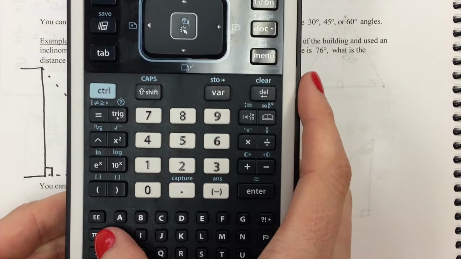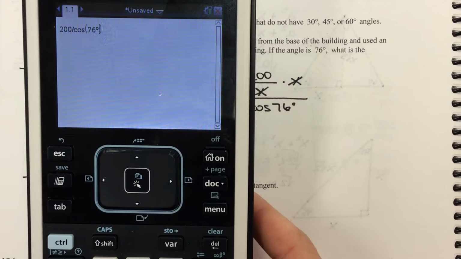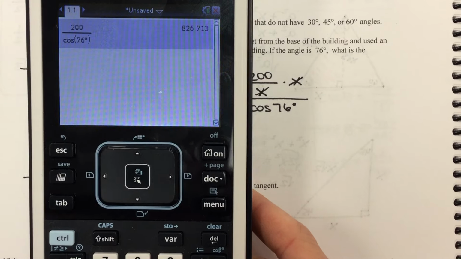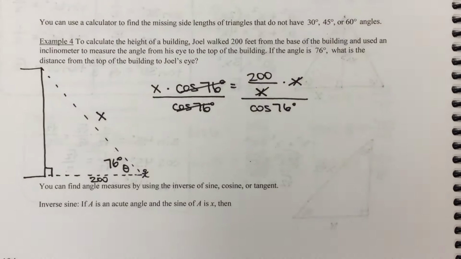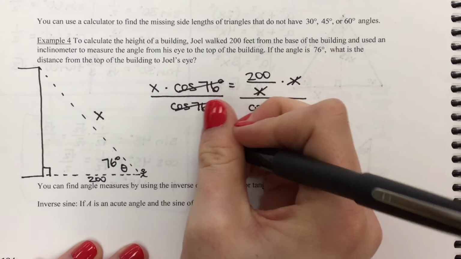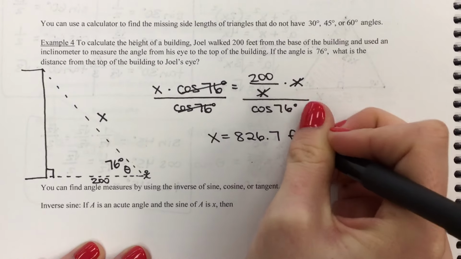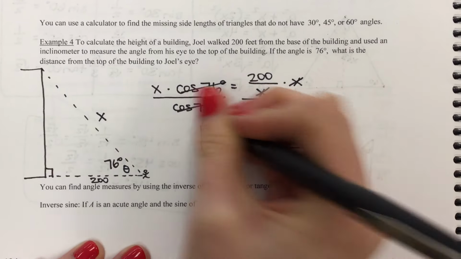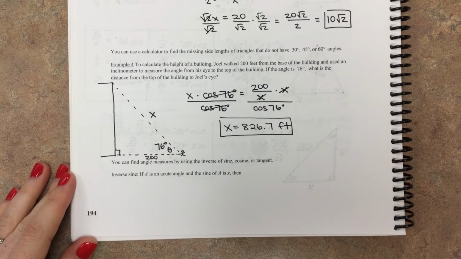See all the way down here, there's this pi button right next to the h. Grab the little degree button, and there we go. So we get 826.7, and that would be in feet. All right, so that would be this distance right here that we just found, 826.7 feet.